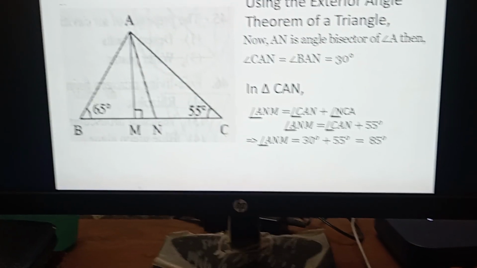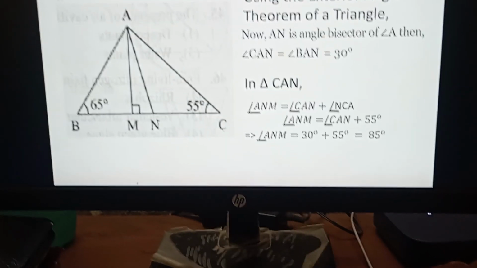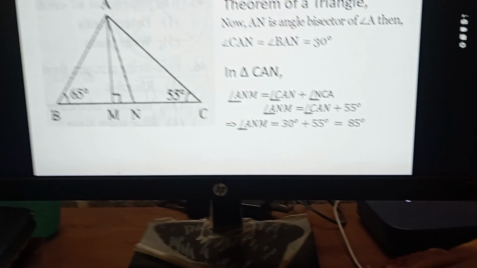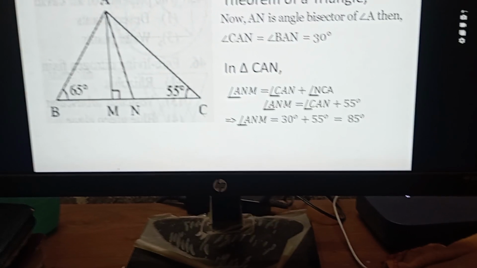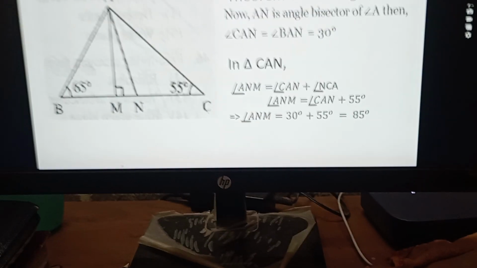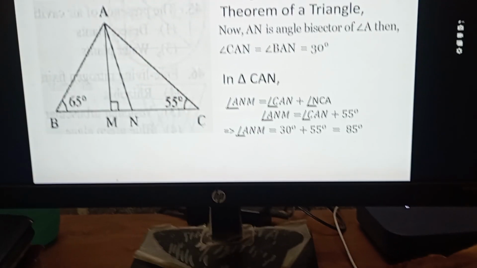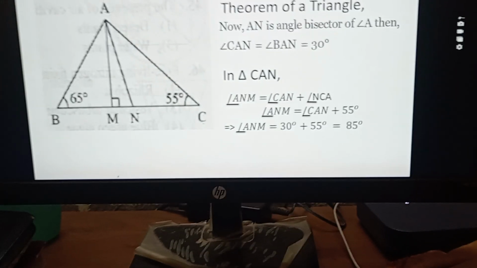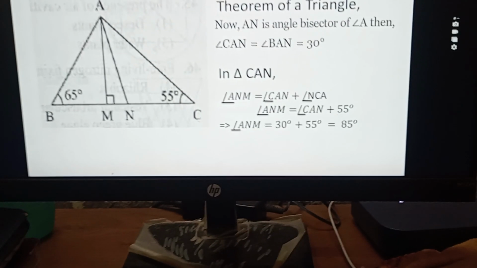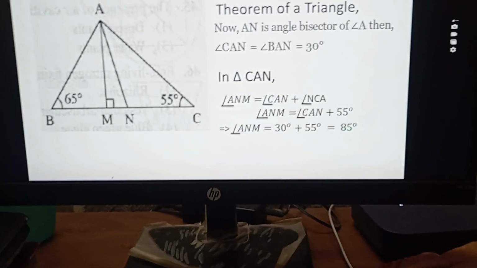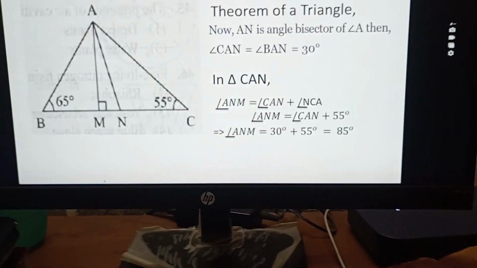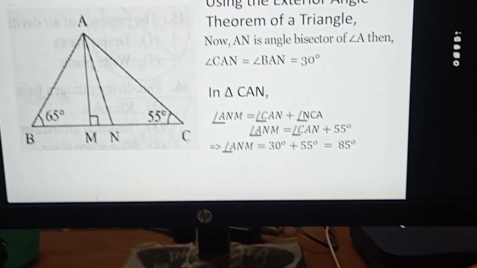Now let us consider the triangle CAN and use the exterior angle theorem here. Angle ANM or ANB, whatever it is, doesn't matter, is the exterior angle for this triangle CAN, and it is equal to the sum of the interior opposite angles, angle CAN plus angle NCA.